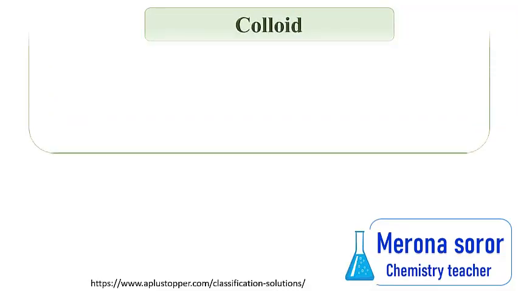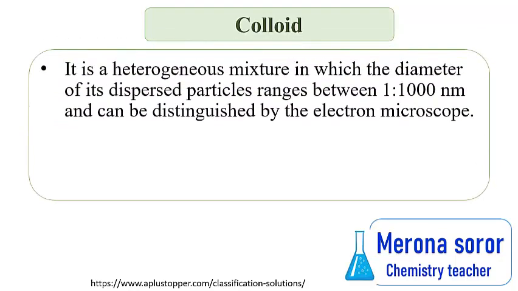Colloid. It is a heterogeneous mixture in which the diameter of its dispersed particles ranges between 1 to 1000 nanometer and can be distinguished by the electron microscope.